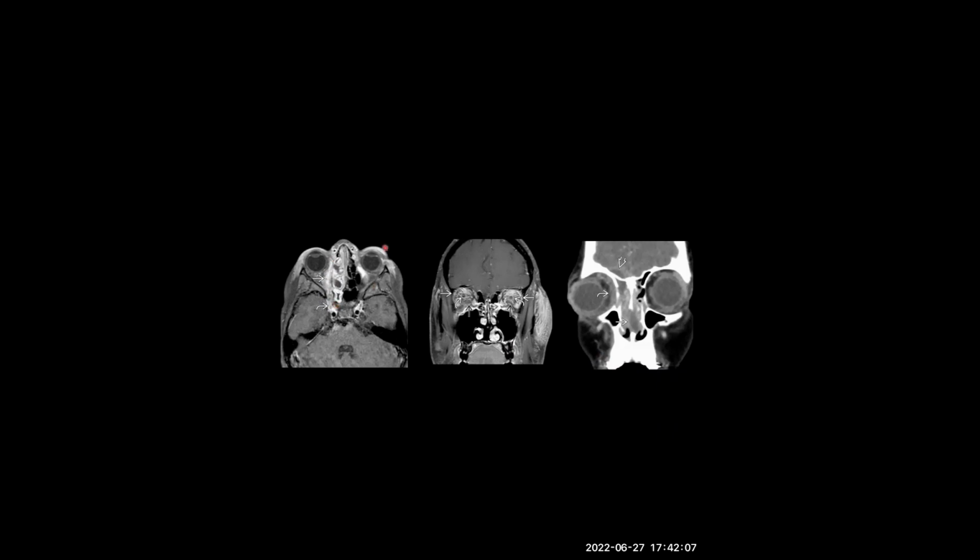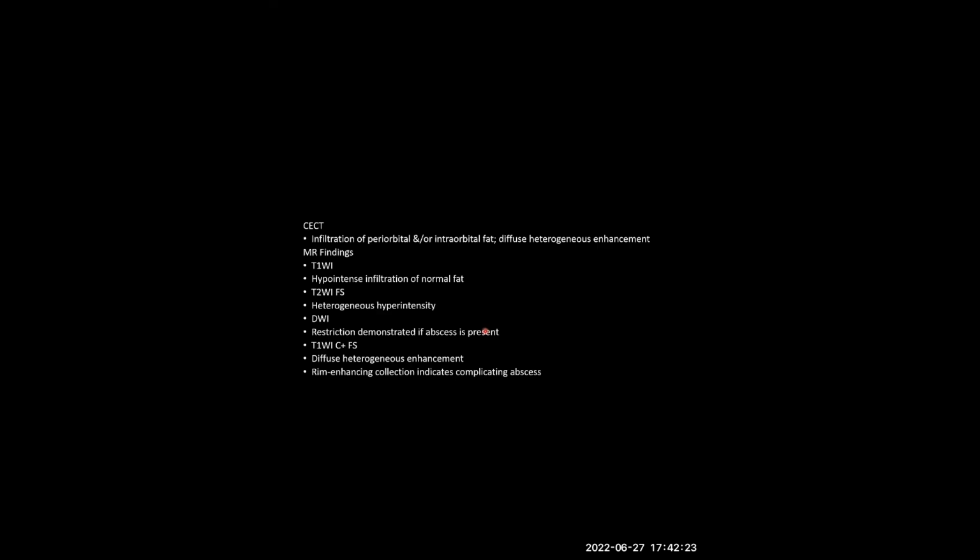Orbital cellulitis can be associated with thrombosis of the ophthalmic veins. You see this, and there is intracranial extension. So it is very critical. Unfortunately, there is misinterpretation and delayed staging.